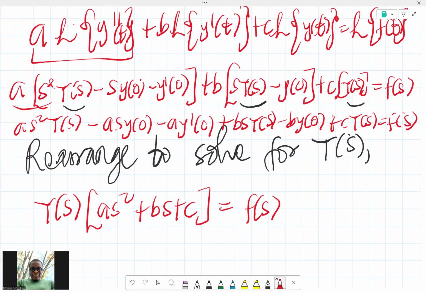So with Y(s) in each of these, we factorize: Y(s) times (a s squared plus b s plus c).